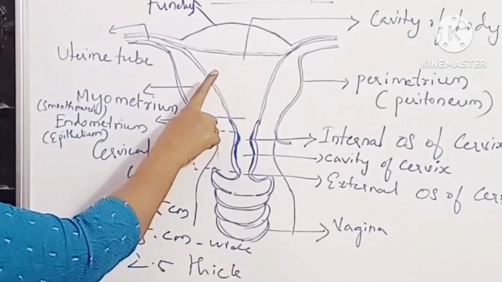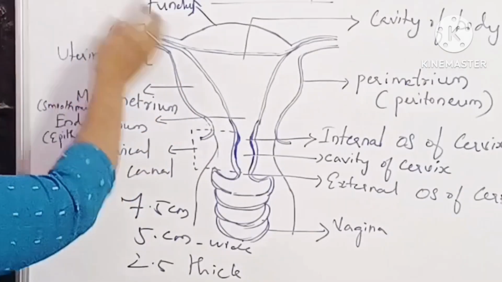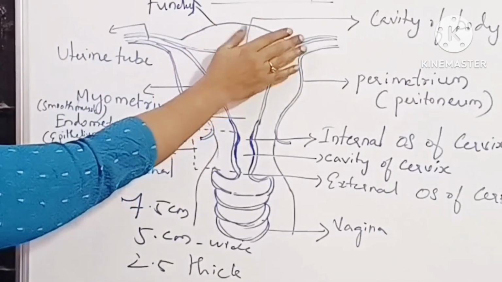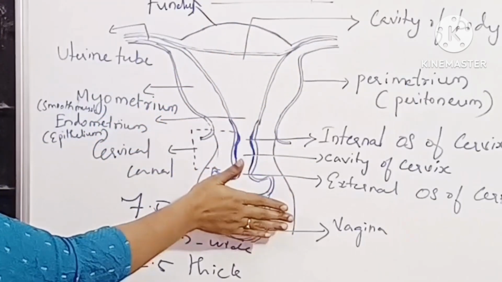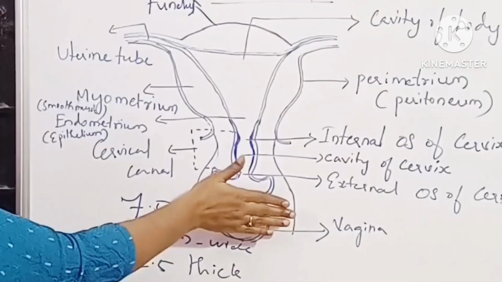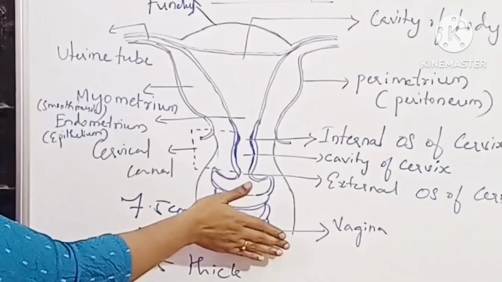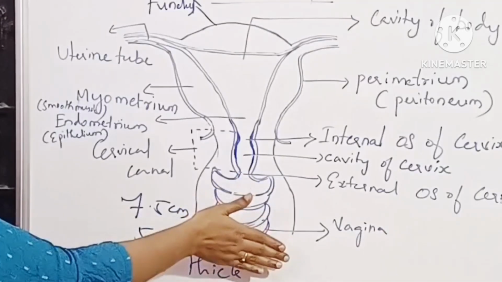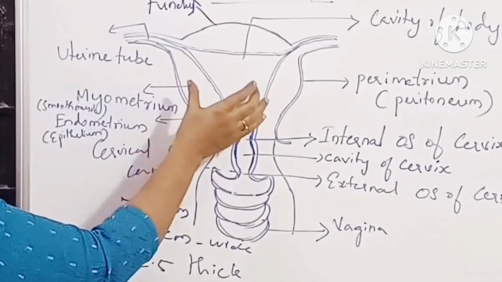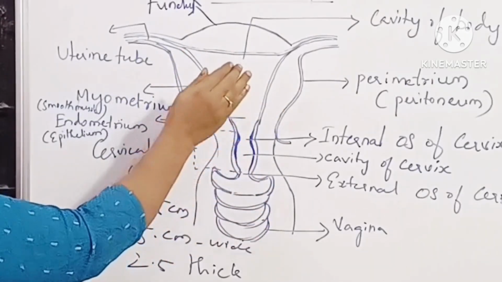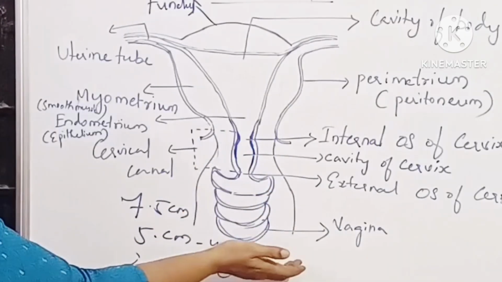First we can see anteriorly. Anteriorly, it extends over the fundus and the body, where it is folded onto the upper surface of the urinary bladder. The urinary bladder is present in front of the uterus. The fold of peritoneum forms a pouch, that is the vesico-uterine pouch.